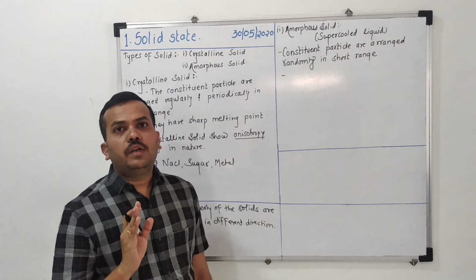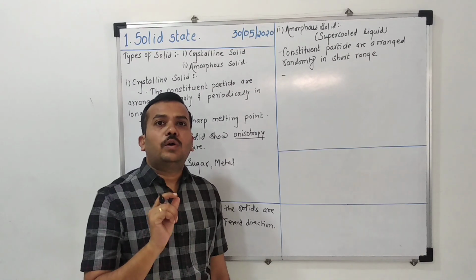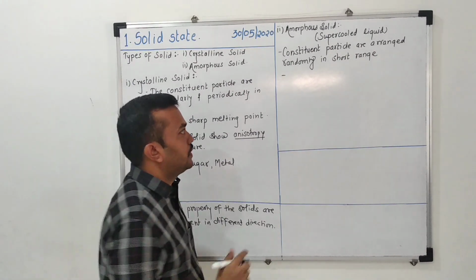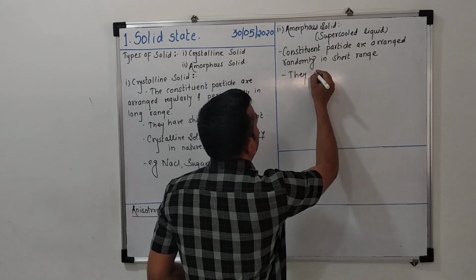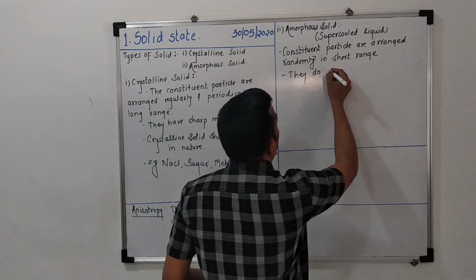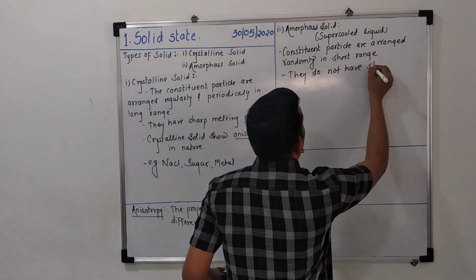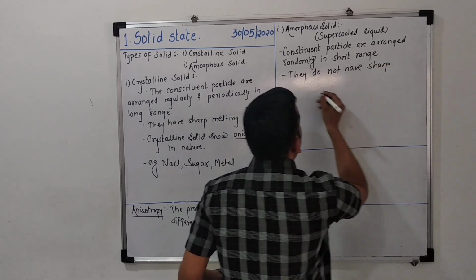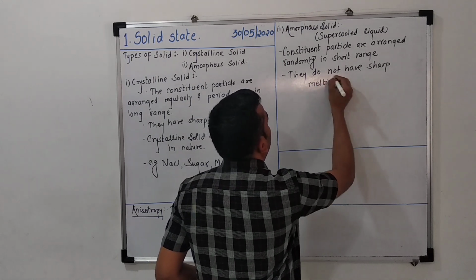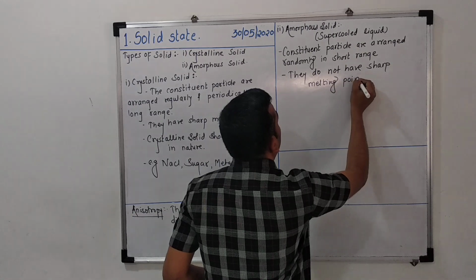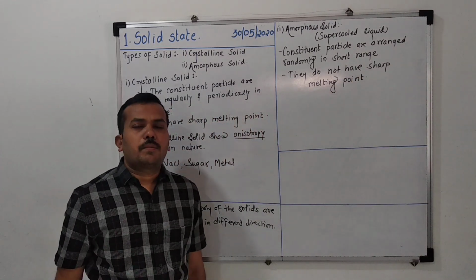Amorphous solid का जो melting point होता है sharp नहीं होता है. It is often in a range. They do not have a sharp melting point.